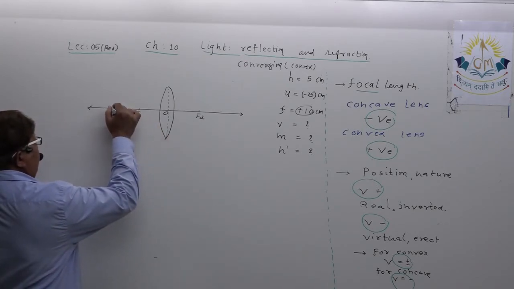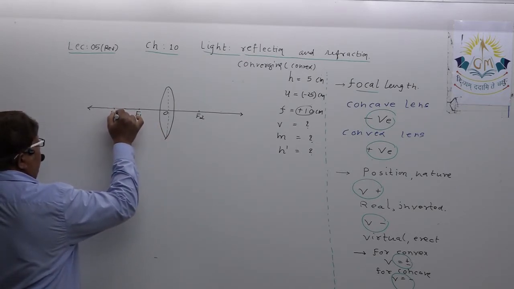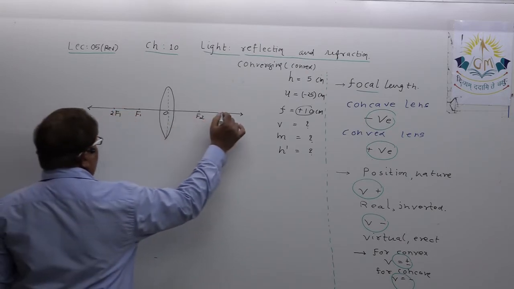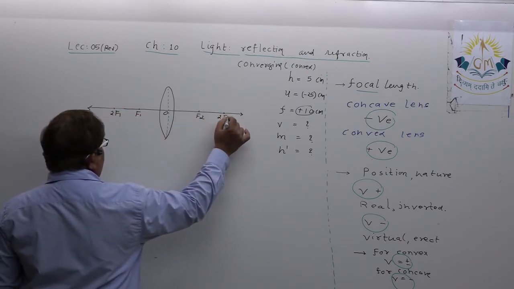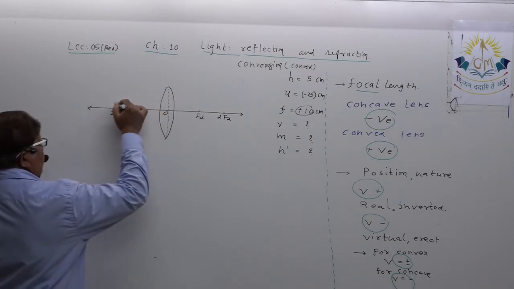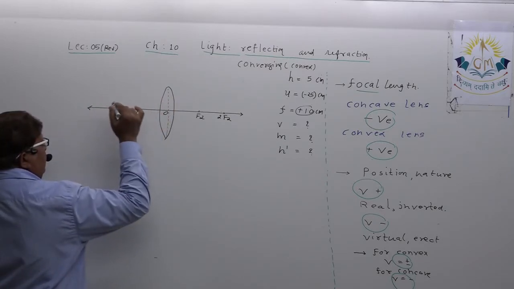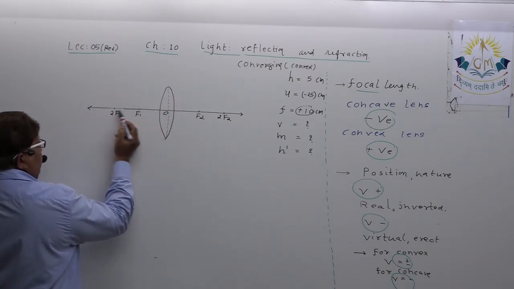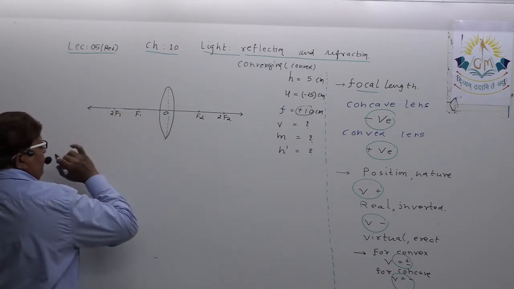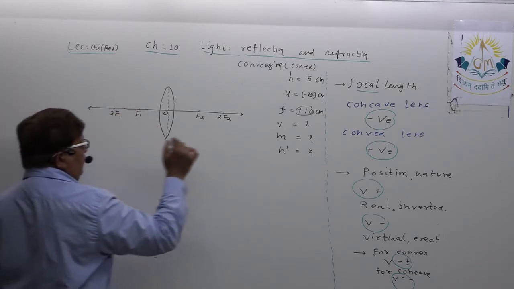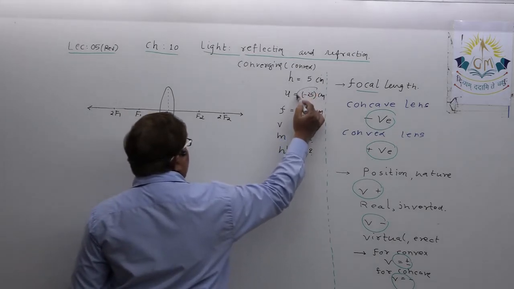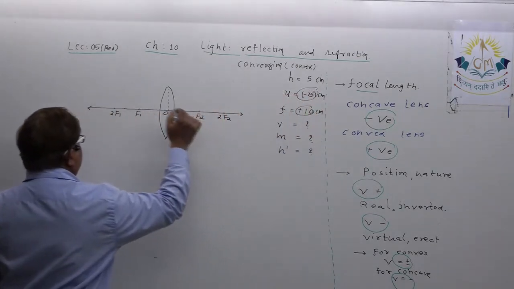Obviously, if I mention the center of curvature on both sides, it is going to be 20 centimeter. This is 10, this is 10, 10 plus 10, this is 20 centimeter. Where are you keeping the object? 25 centimeter.